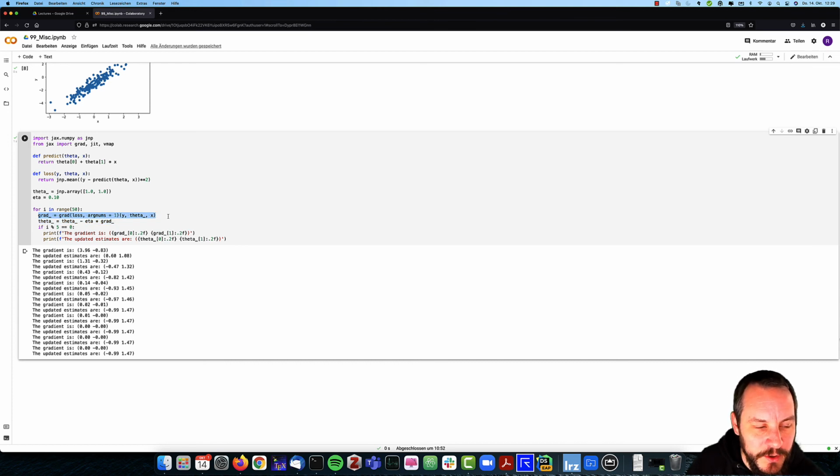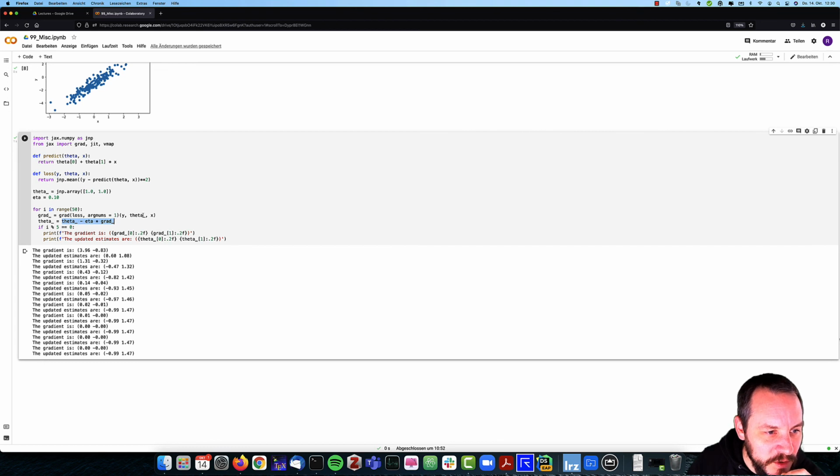The first one is the partial derivative of the loss function with respect to a change of the intercept parameter. The second value is the partial derivative of the loss function with respect to a change in the slope parameter. Then we use this information, the gradient, to conduct the update of the parameter estimates according to the gradient descent rule.